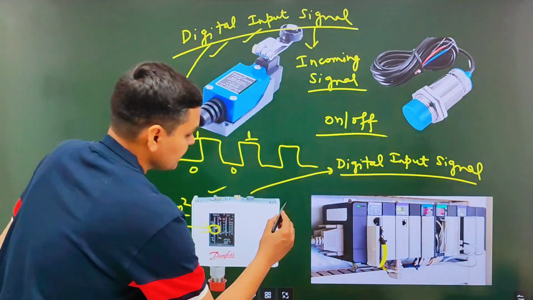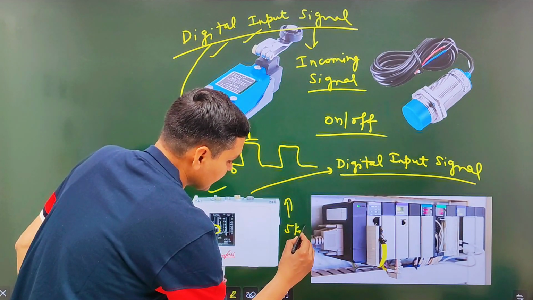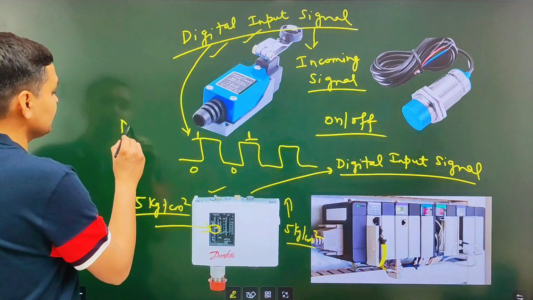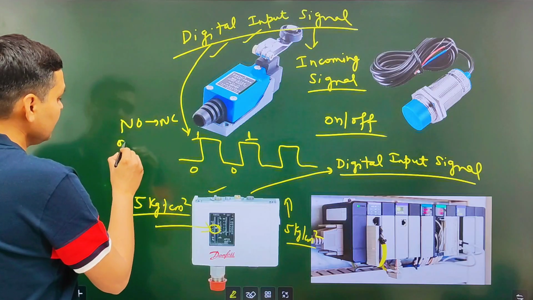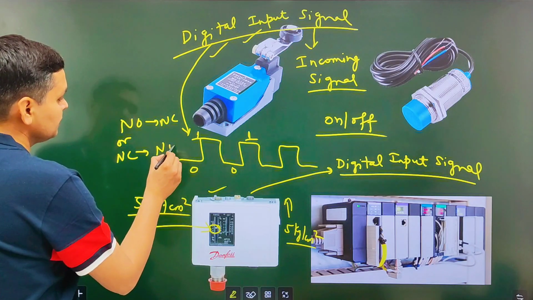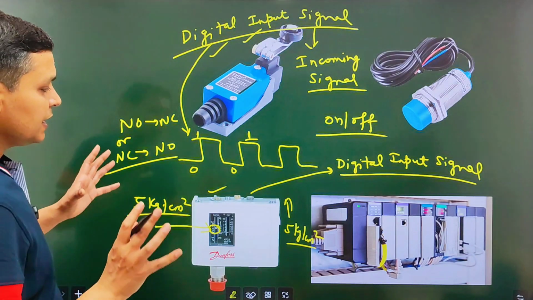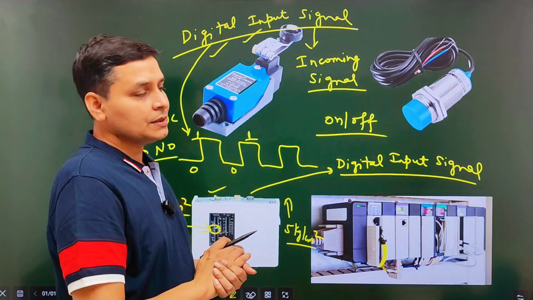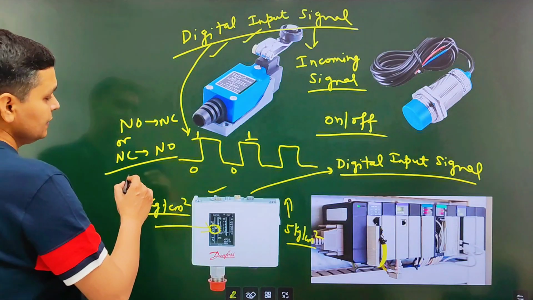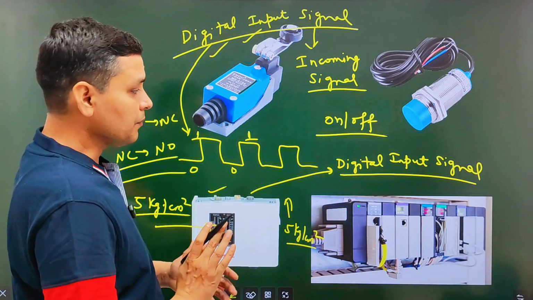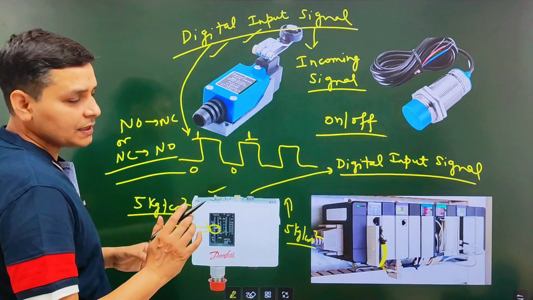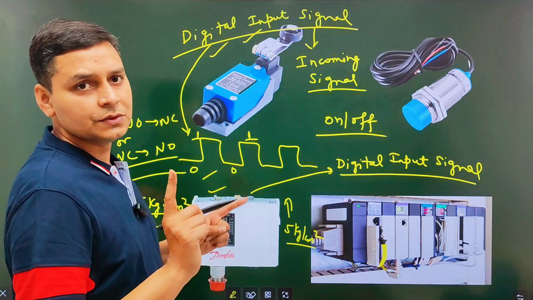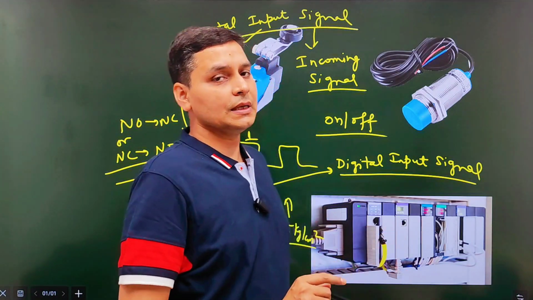As the pressure reaches 5 kg per centimeter square, its contact will change, from NO to NC or NC to NO. Here only the contact is changing, and no range is involved. So this type of signal is known as a digital signal, and because it is coming from somewhere, it is known as a digital input signal.